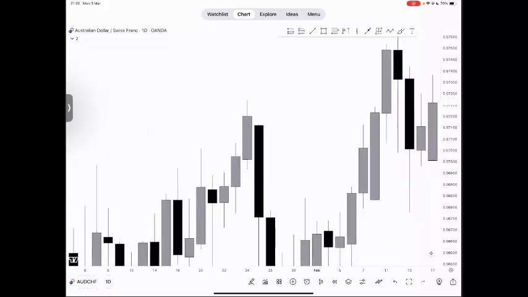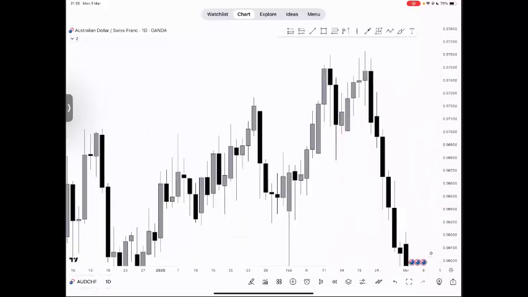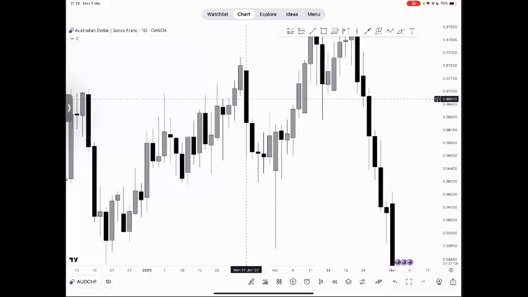But if we look at what happened here, we had a bearish candlestick. Remember that my bearish candlestick is represented in black, and my bullish candlestick is represented in ash. So here we had a black candlestick, which is a bearish candlestick. On your own chart, it is most likely going to be red.